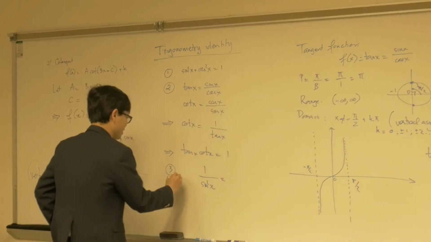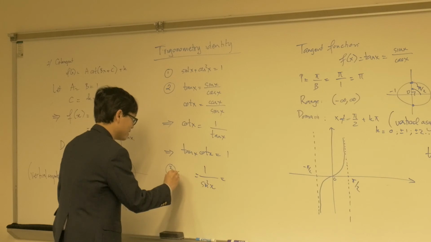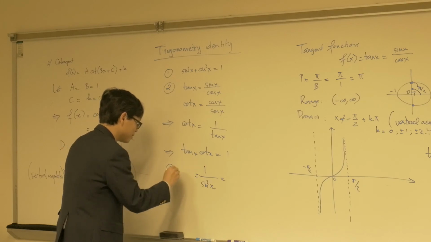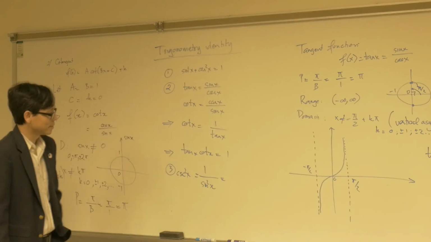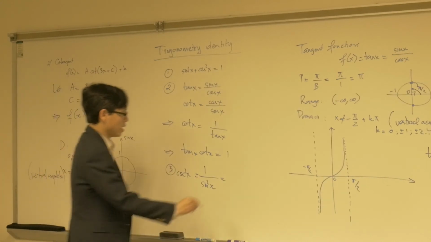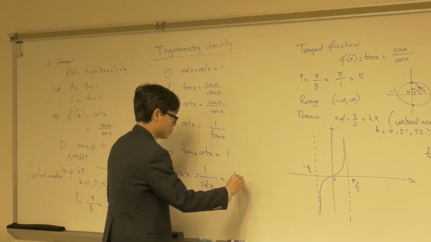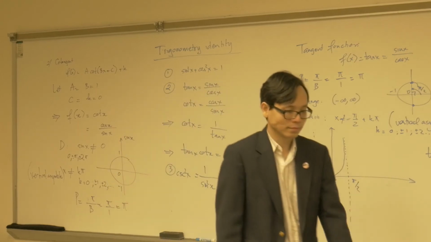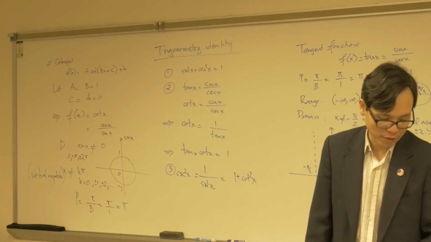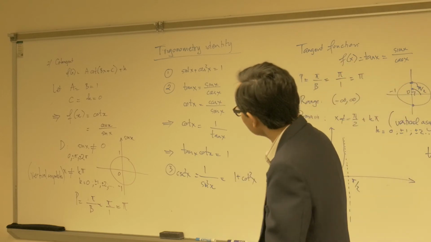Yes, this is cosecant squared. Okay, it's also equal to 1 plus cotangent squared. It's one of the basic ones.